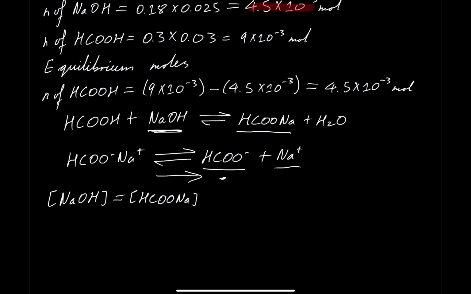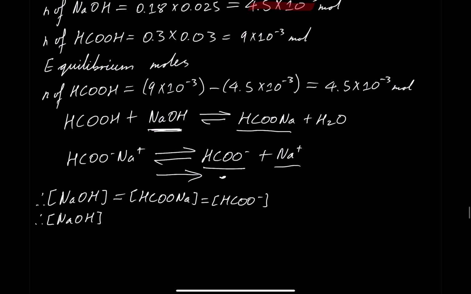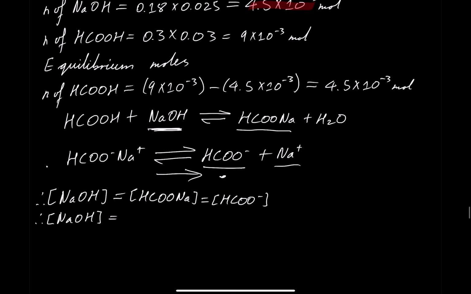And we know the concentration of our salt is the same as the concentration of HCOO minus. Therefore, the dots here, in maths, this is how we represent the word therefore.